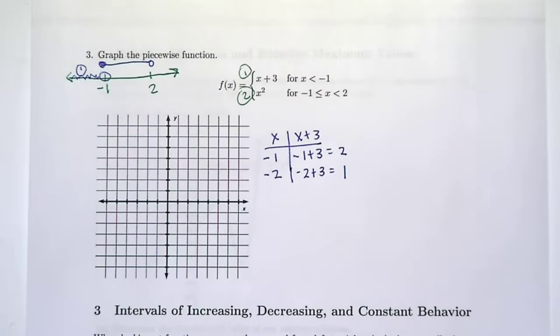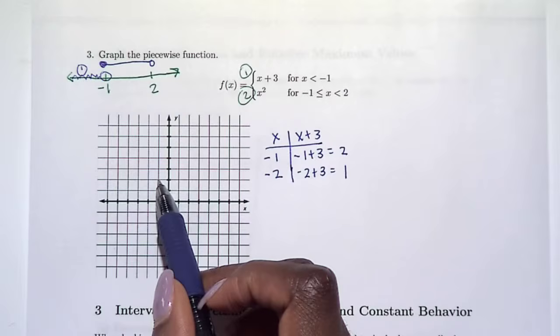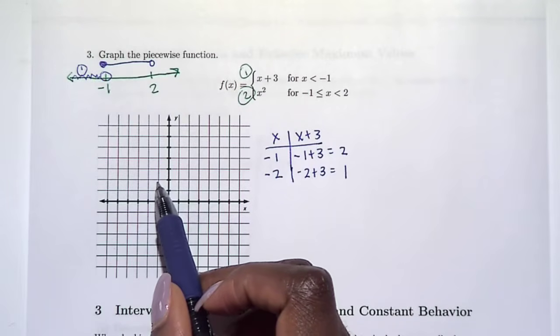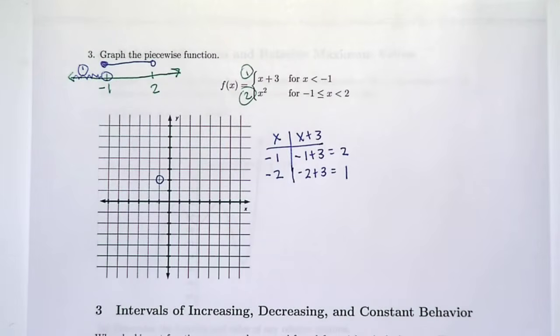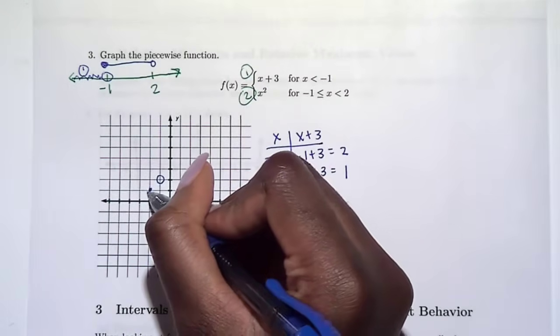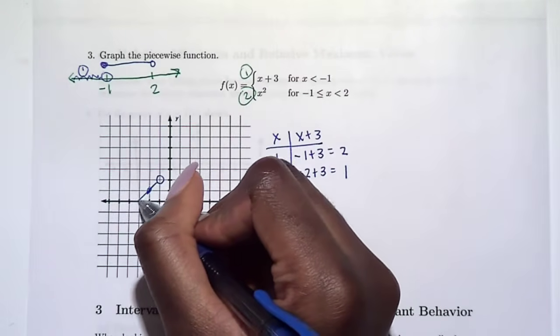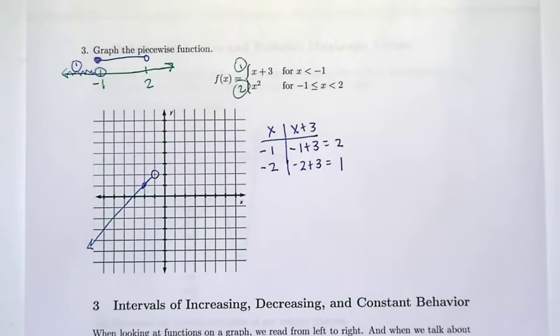So we got our 2 points. -1 and 2. Again, the function part 1 is not defined at -1, so I'm going to put an open circle right here. And then -2, 1, and then just connect these. And it's just going to go on forever. So that's part 1.